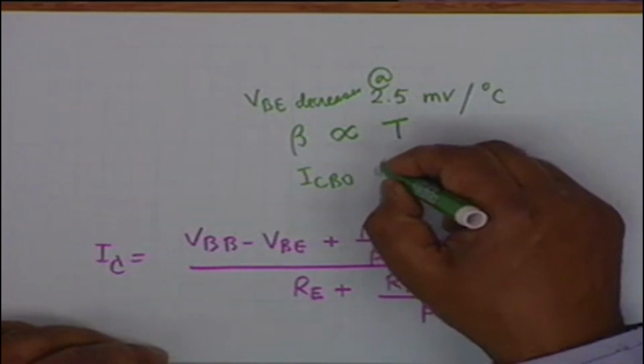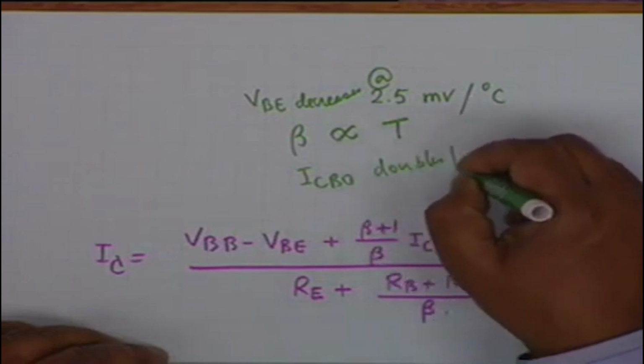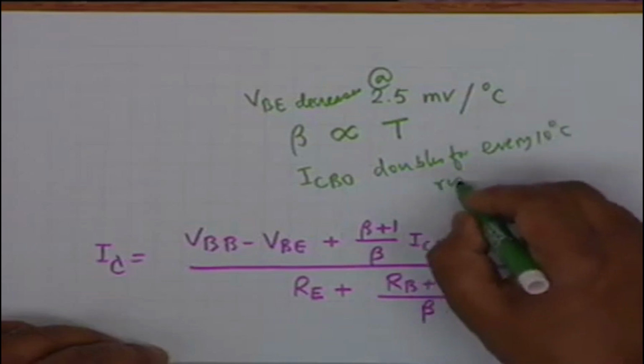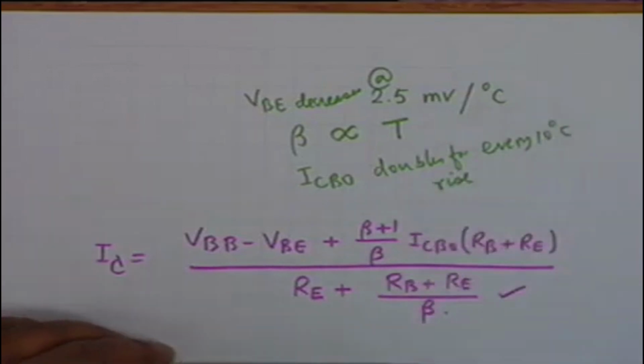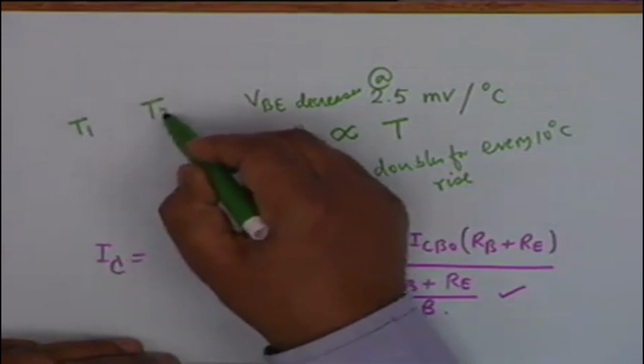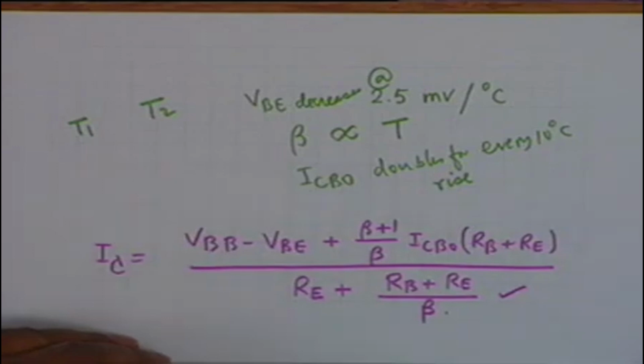I sub CBO doubles for every 10 degrees C rise, which means that if I have, let us say, 2 temperatures T1 and T2, look at this modeling, very simple modeling.